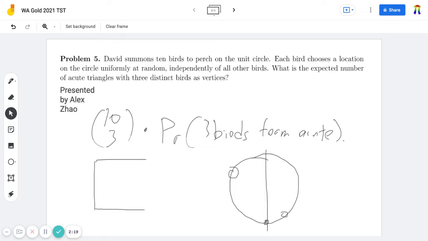So if we put them on the axes with 360 degrees on all sides, then the probability they are on different sides is contained within these 2 squares.